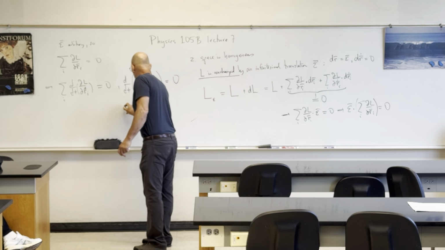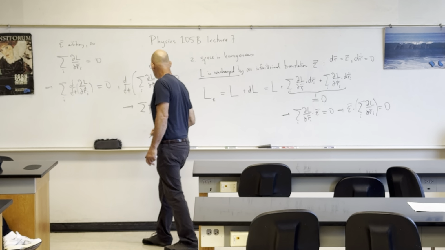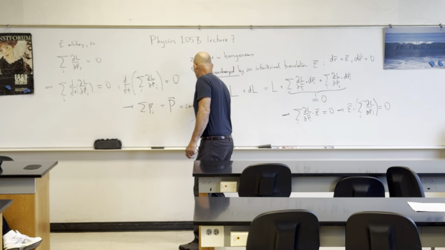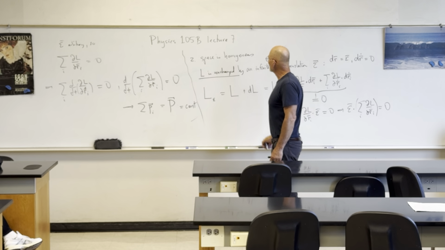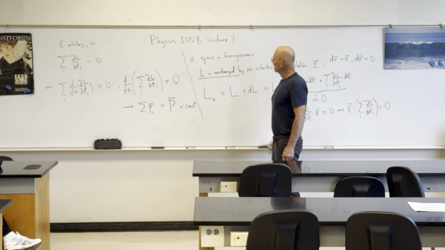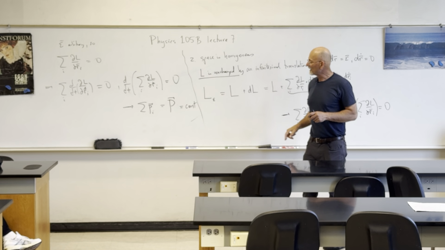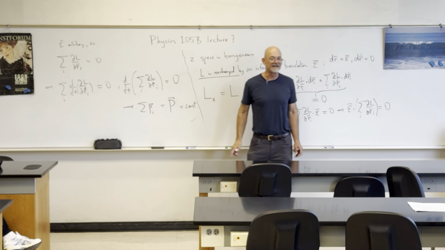So this means the sum of the p_i equals, I'll just write capital P, total linear momentum is conserved. So this is what we have. In the homogeneity of space, we require that the Lagrangian be unchanged, and we obtain conservation of linear momentum in the entire system.